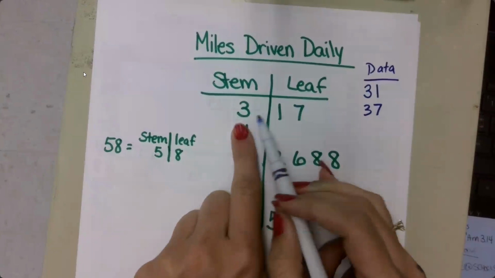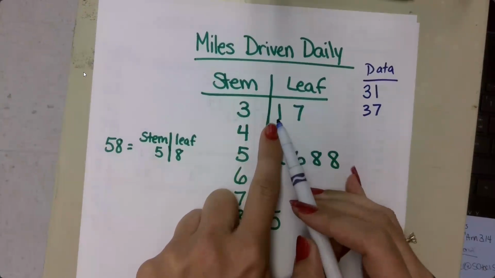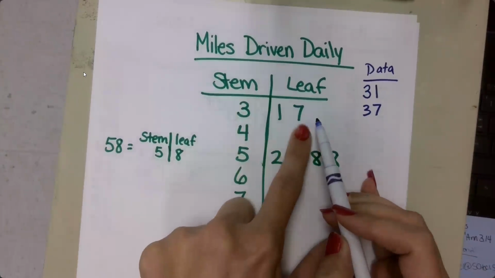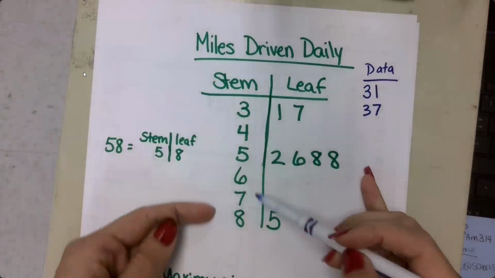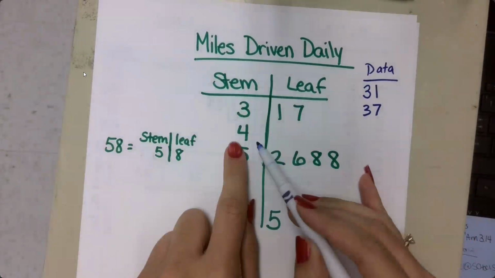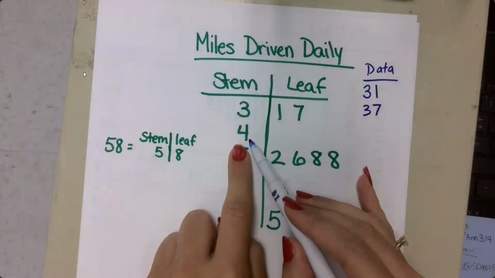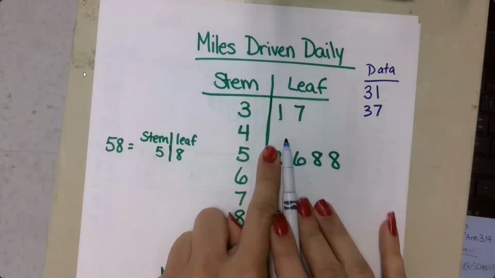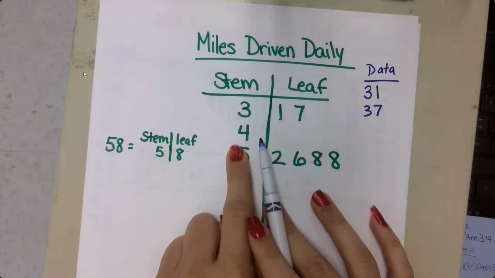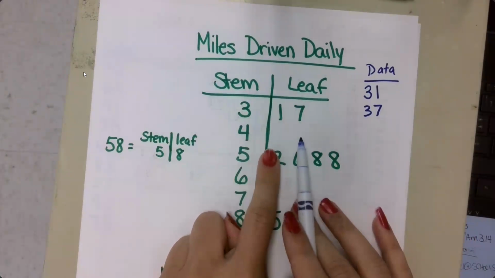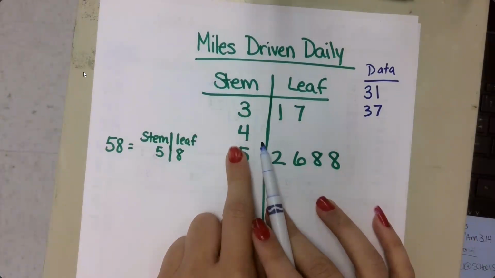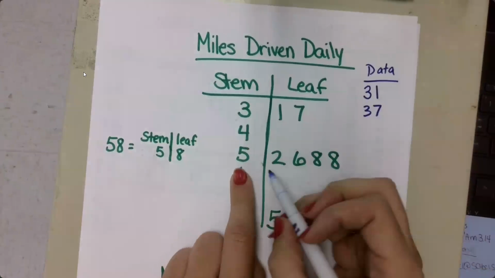Notice the numbers are in order from smallest to greatest, both the leaves and the stems. Next is 4, but we do not have any numbers with a 4 in the tens place.